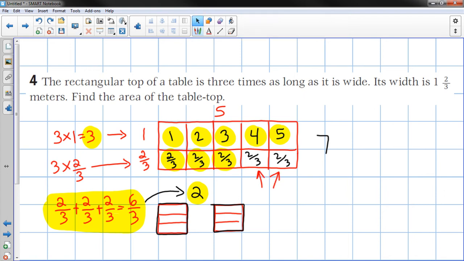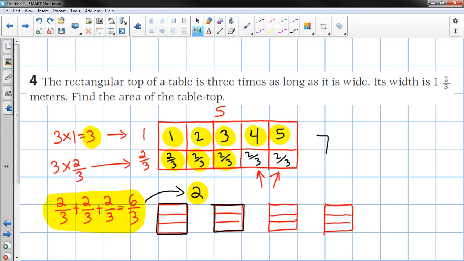Well, what's that? Well, again, I could show 2/3 like this, and another, I'll have to draw another thing here, 2/3 and 2/3. So that's 2/3, and this is 2/3. Well, I could move one of them here.